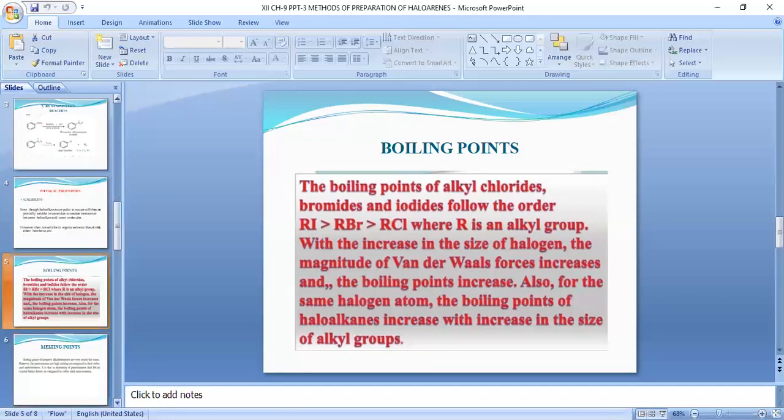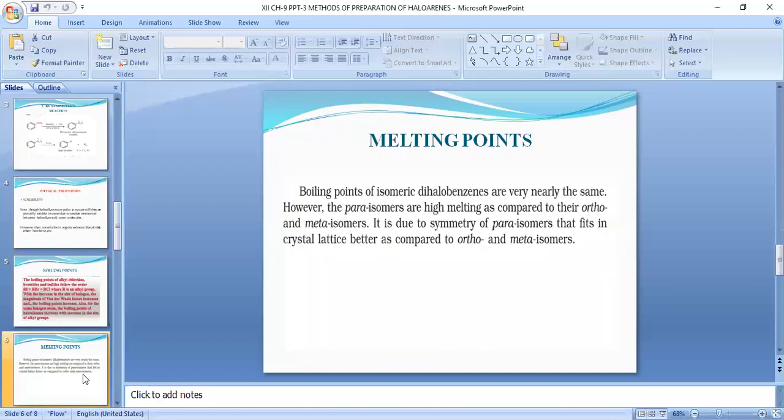Next property for our discussion is the melting point. The melting points of the haloalkanes depend upon the arrangement of the halogens in the given haloalkane or haloarene.